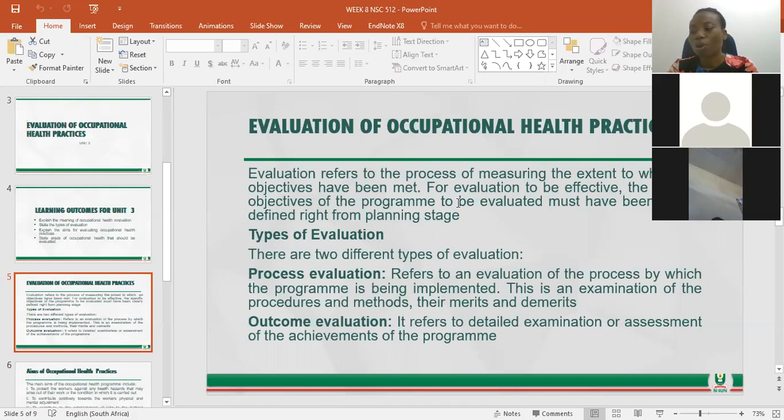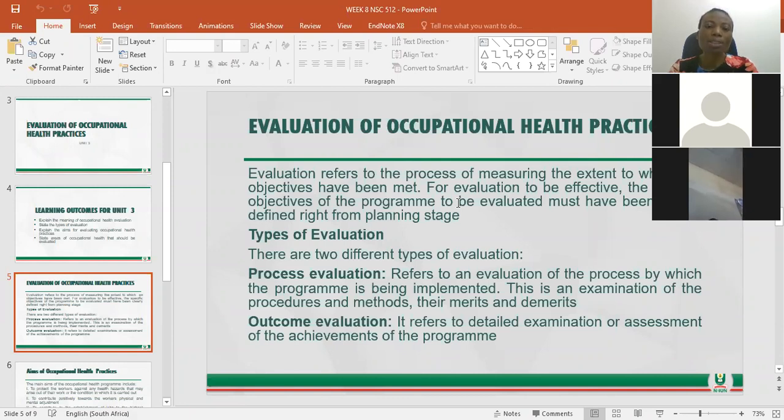An institution or a hospital must have a clear definition of what needs to be achieved at the planning stage. So if at the planning stage, well-set goals or objectives are not stated, then it becomes a problem when you want to do evaluation. What do you want to evaluate if you don't have a set of objectives to measure if it has been achieved or not?